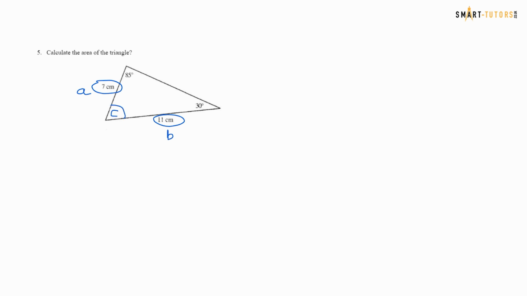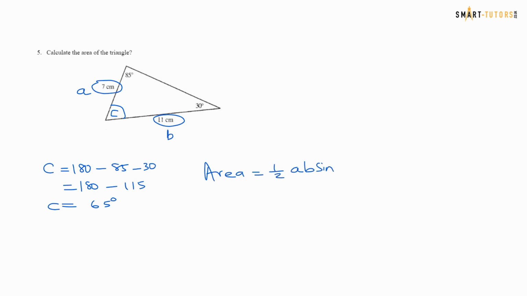That could be the angle C. So C equals 180 minus 85 minus 30. 85 plus 30 is 115, so that is 65 degrees, the angle C. Now for the area, you can simply say area equals half ab sine C. Half, a is 7, b is 11, times sine C, which we don't know yet.